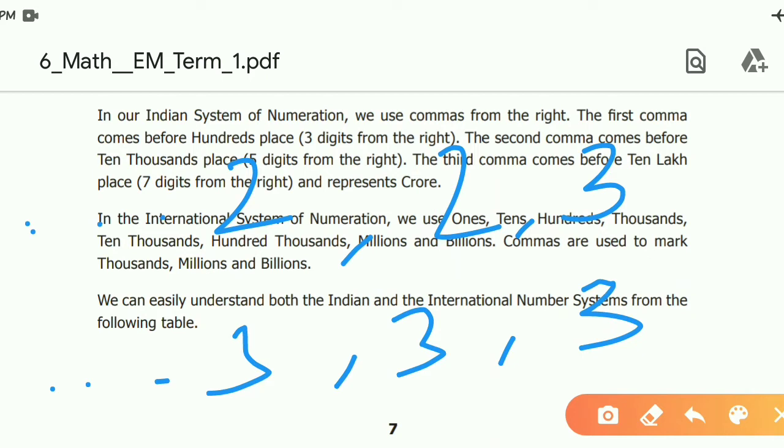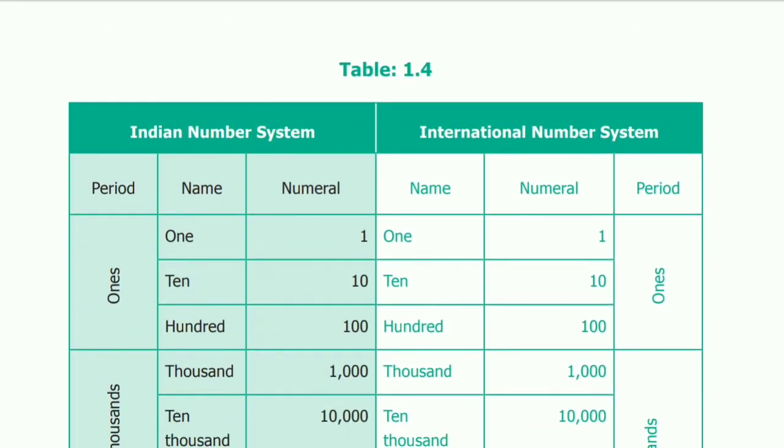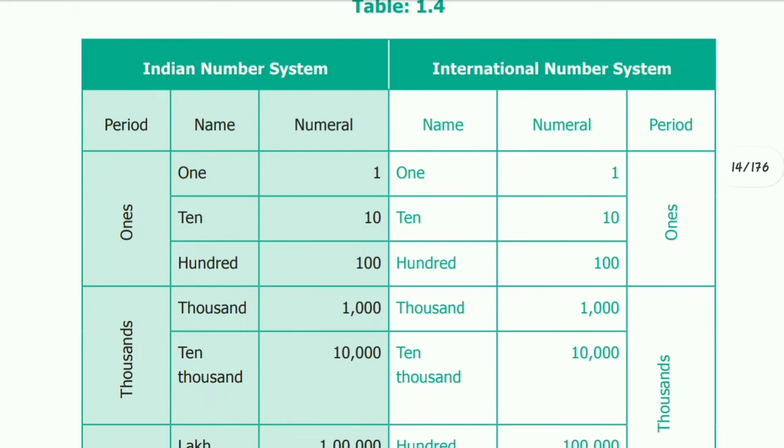You can easily understand the difference between Indian number system and international number system using this table, using commas or periods. In Indian number system, the top of the columns are period, name, numeral, and in international number system, name and period. Which place we give periods, it represents here.